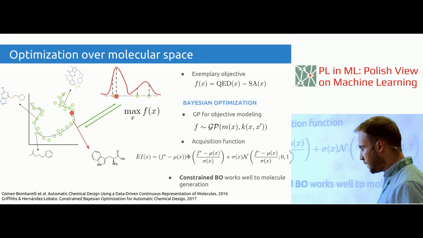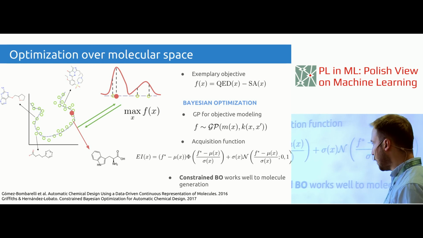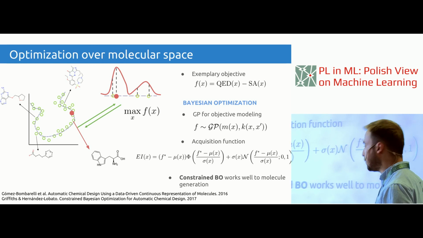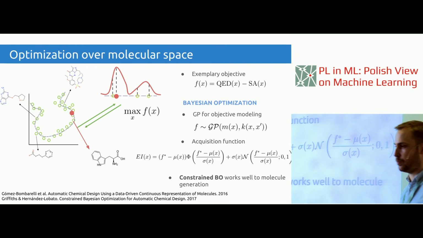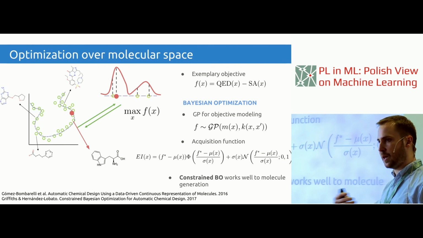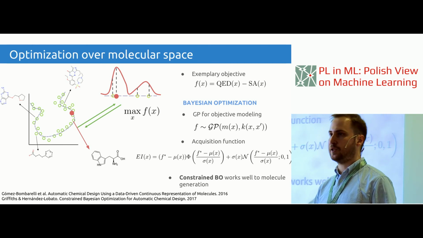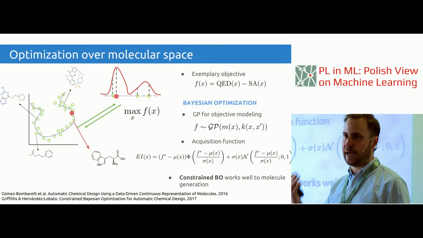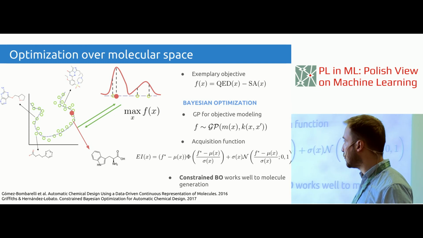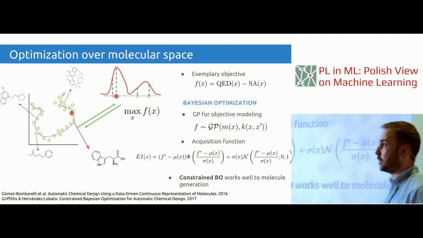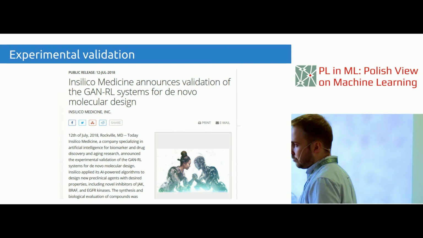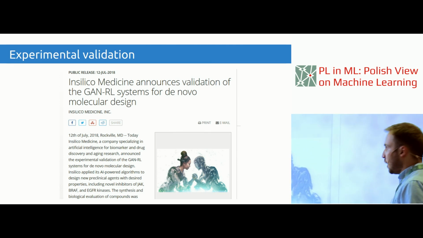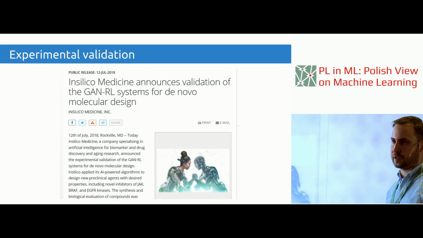And there is a really nice paper by Griffiths and Hernandez-Lobato from 2017, where they showed that basically this formulation works pretty well for this particular problem. So you're able to optimize over the molecule space, and using your generative model, you're able to generate novel molecules having optimal properties.